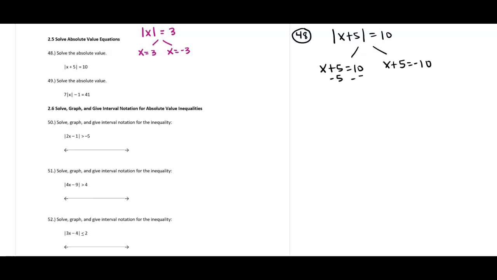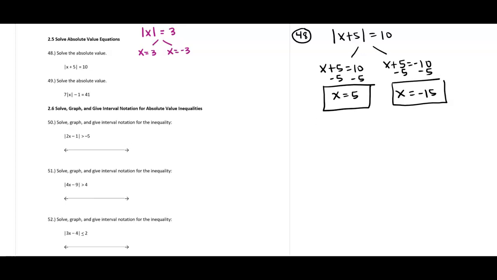So I'll subtract 5 over, x equals 5, and then subtract 5 over here, so x equals negative 15. And so you get 2 answers on these. That's what you got to remember with these absolute value equations. You should get these 2 different answers.